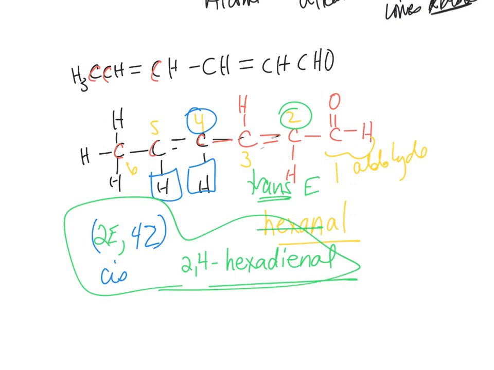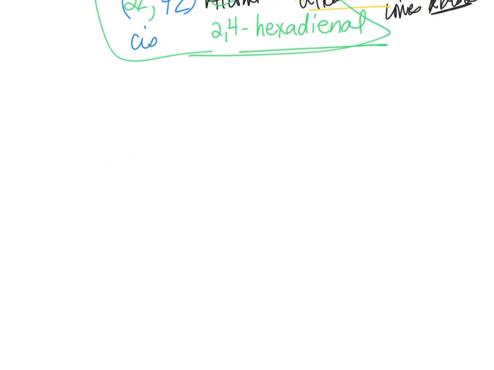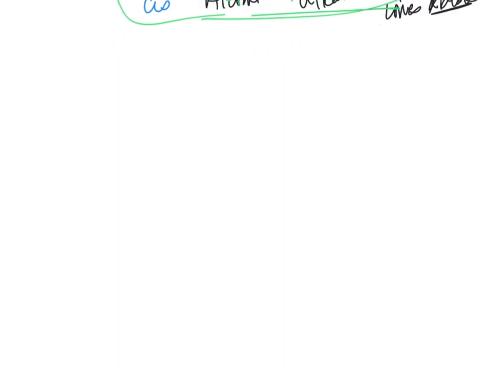And this would be your name. Now keep in mind, you do have multiple choice, so that'll help you out too. Okay, another example. So that's cis and trans. You need to be able to do cis and trans. We also have R and S. So let's look at some R and S examples.